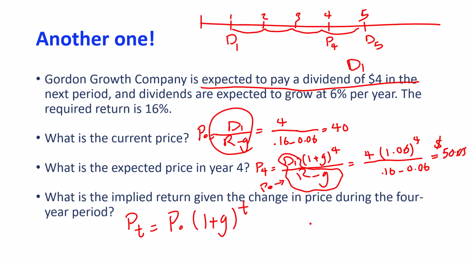That's why later on we'll see that we call this the capital gain yield, or the rate at which your price is growing. So that's the conclusion that we want to draw from this practice. Your price is growing at the same rate as your dividend.